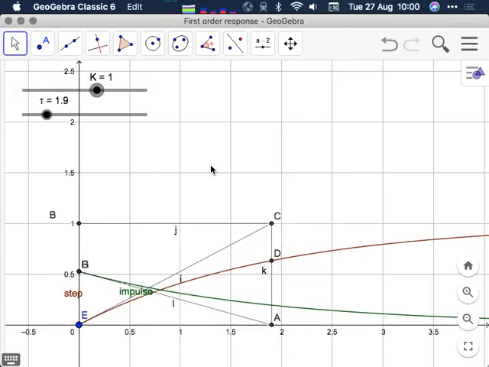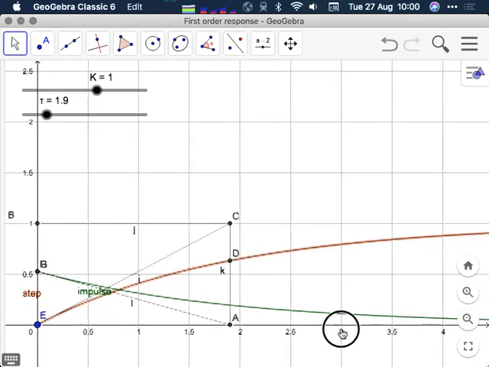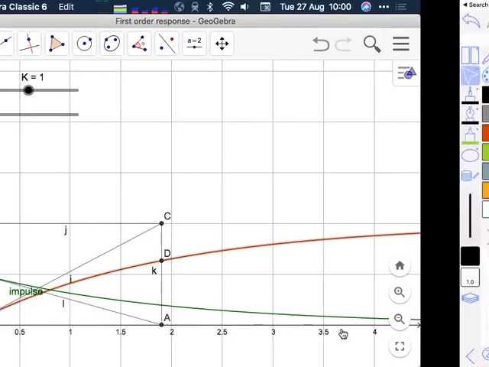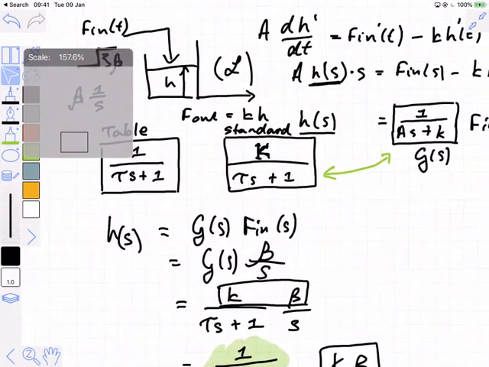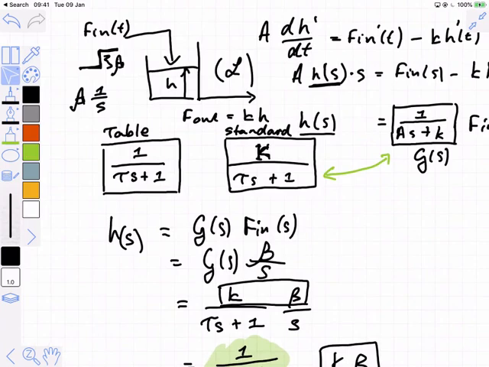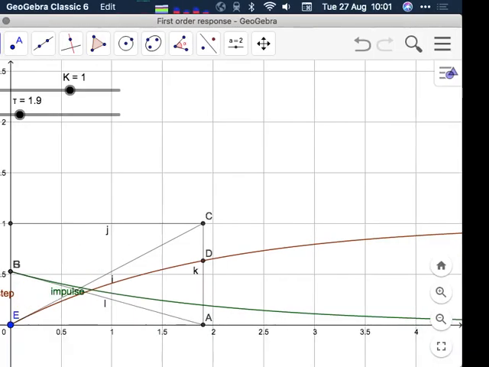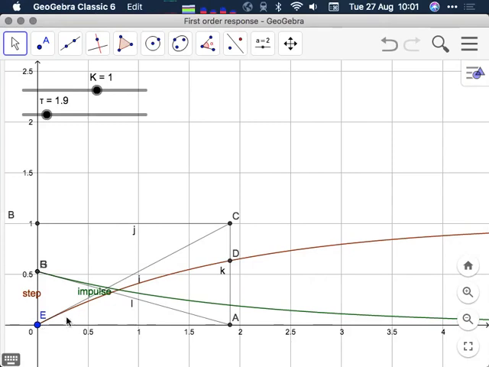So what you're seeing on this curve over here, the brown curve, is the step response. In other words, that is the graph that gives us the answer to the question that we asked of this tank. In other words, this is what will happen to the level of a tank, how it will change from its initial position, because remember, we're working in deviation variables. Even though it starts at 0, that doesn't mean the tank is empty.